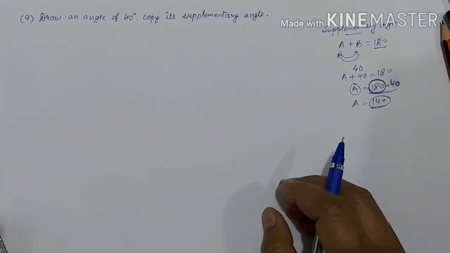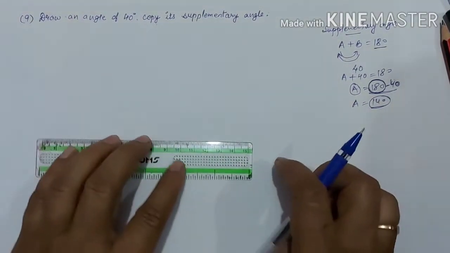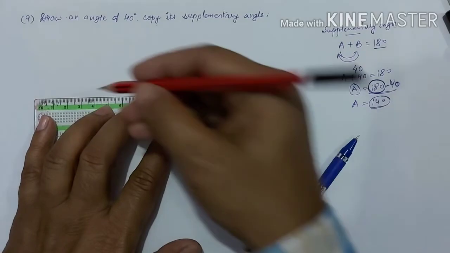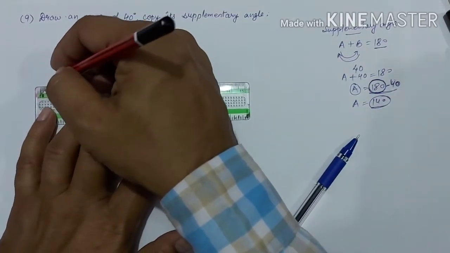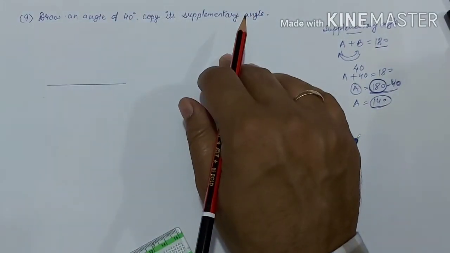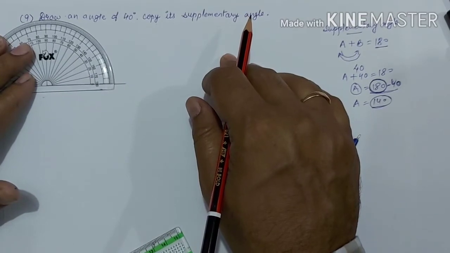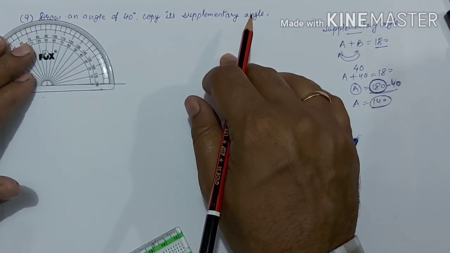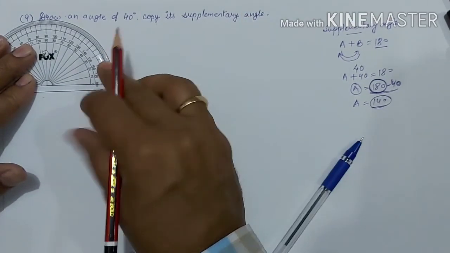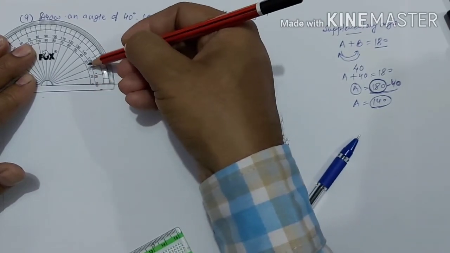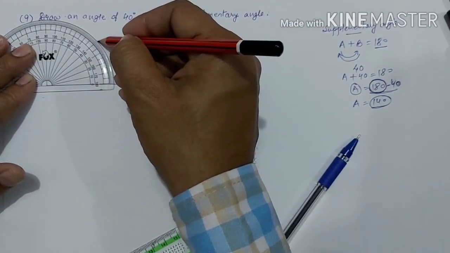Okay, so now first we make an angle of 40, made by the protractor, the 10, 20, and there is the 40.